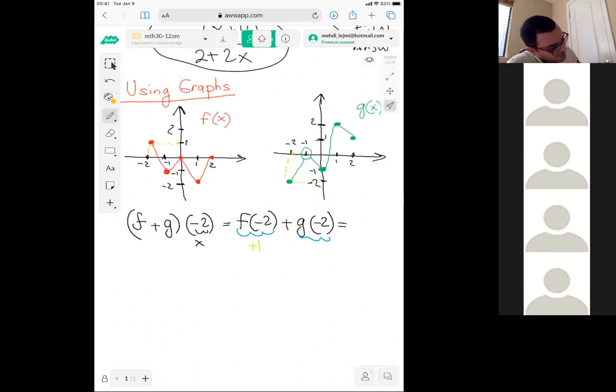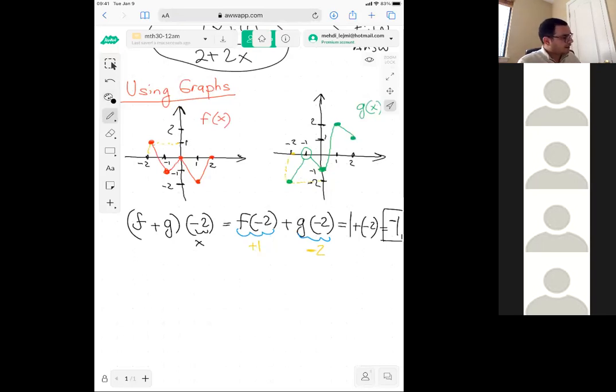So g of -2 is -2. So then that's +1 plus -2, and so the final answer would be -1. So that's how we add two functions using graphs.